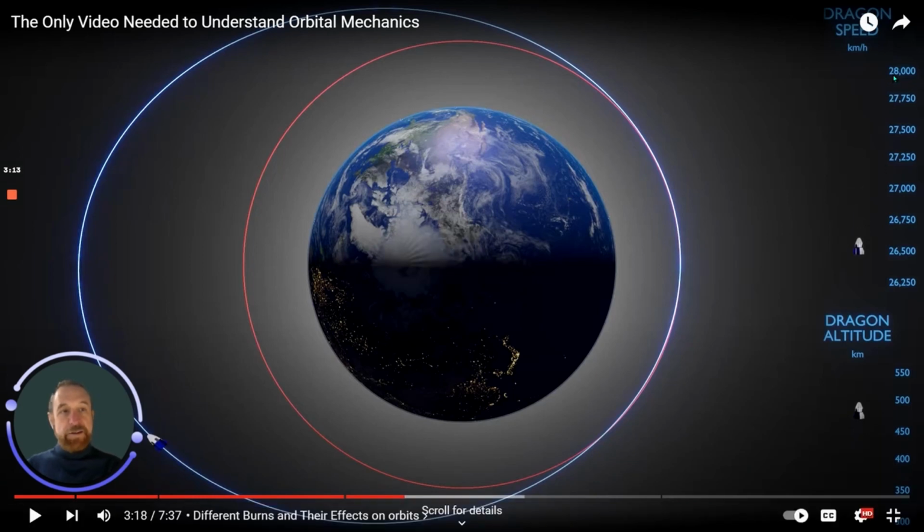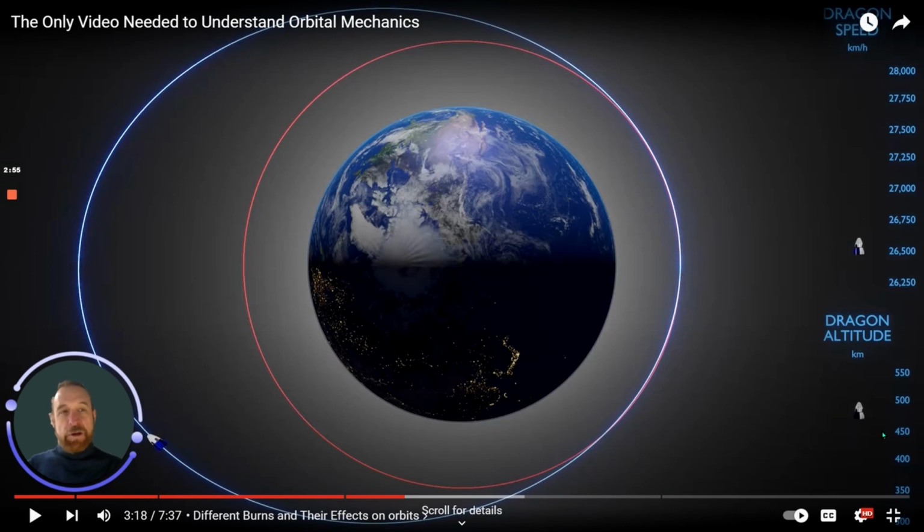Just wanted to add this altitude versus speed. So he's using a little mini version of the Dragon model to show where it is at any given time on this chart.